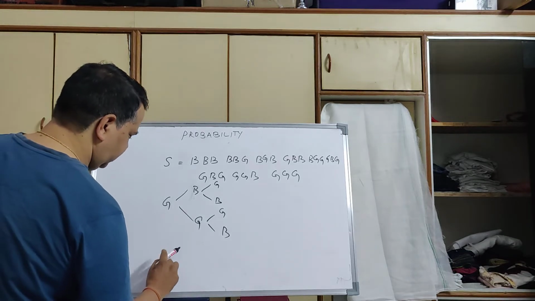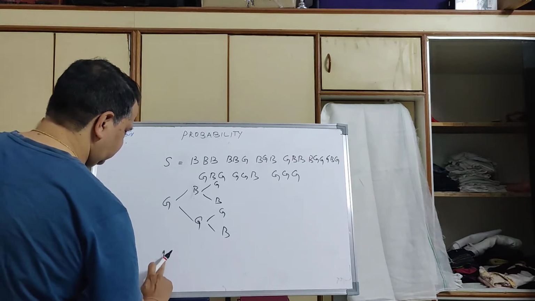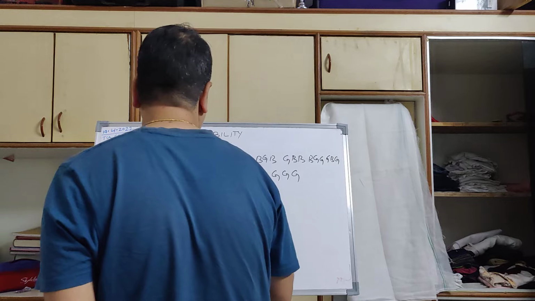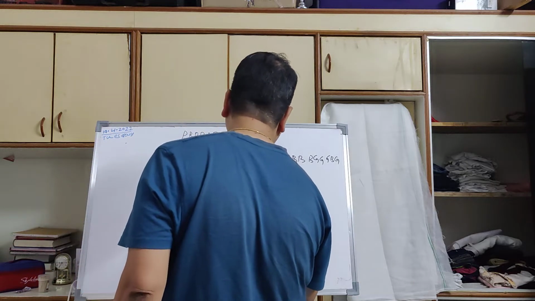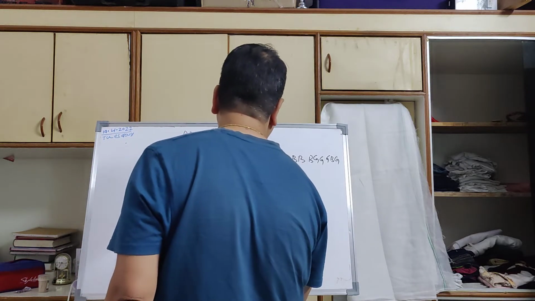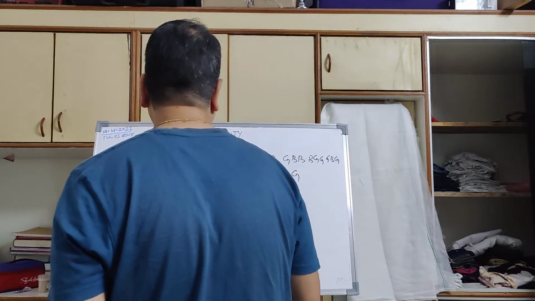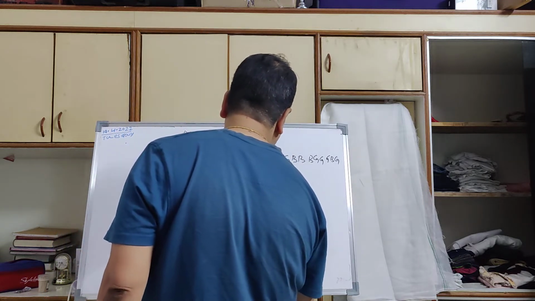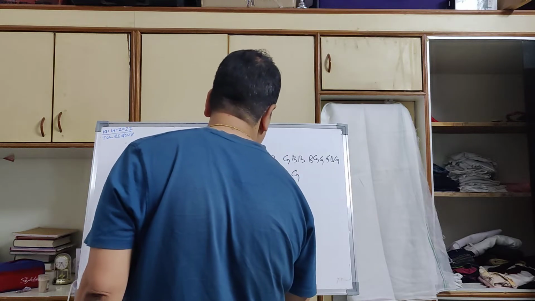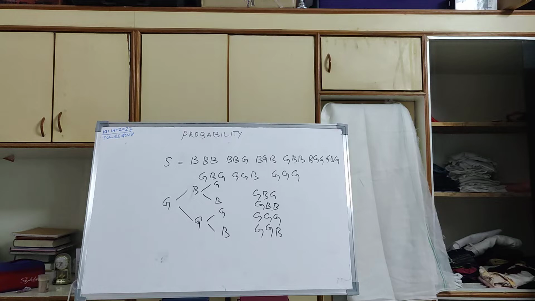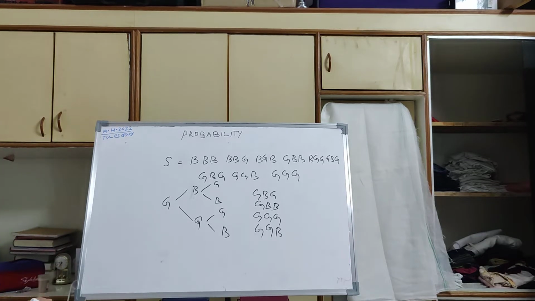So how many are you getting by this? You are getting GBG, GBB, then GGG and GGB. So this is one combination you are getting. Or the first can be bad also.